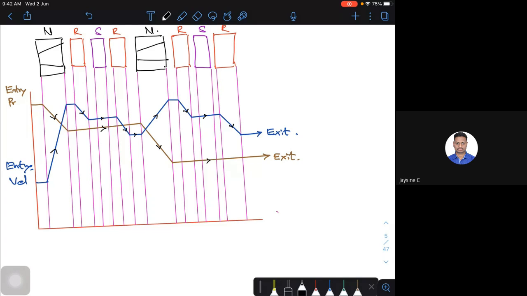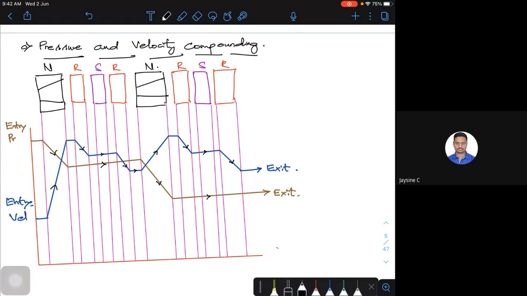So a combination of both pressure compounding and velocity compounding, done simultaneously, is called pressure and velocity compounding. As to a part, where the pressure remains constant, you people have to explain how it's happening.